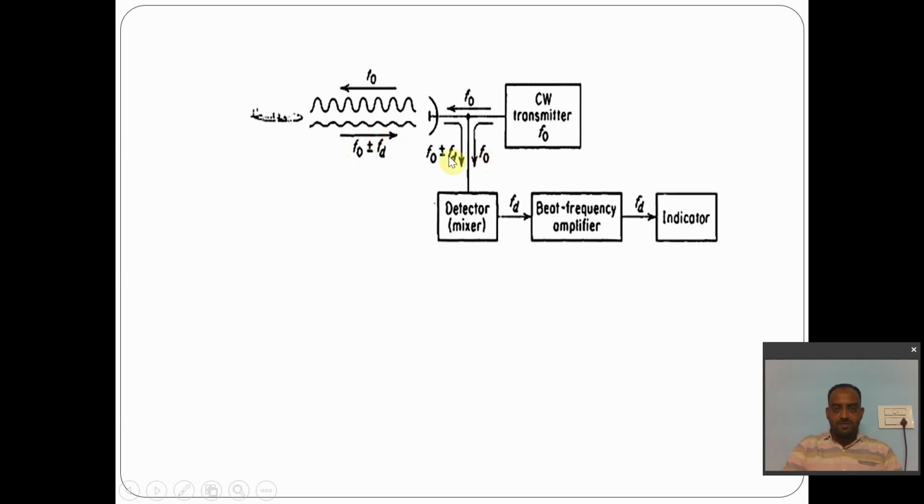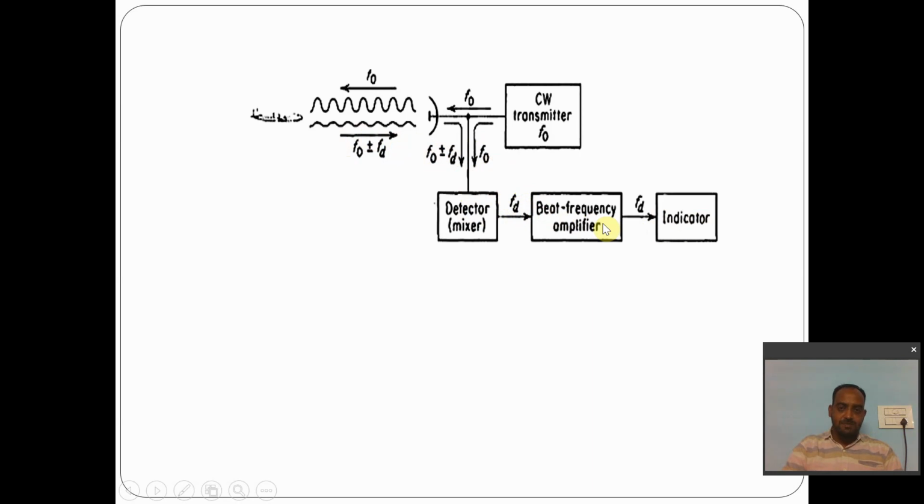Out of the two frequencies available to the mixer, the mixer will cancel out F0 and its output will be Fd. This Fd, which is called the beat frequency, will be the operating frequency up to the indicator.